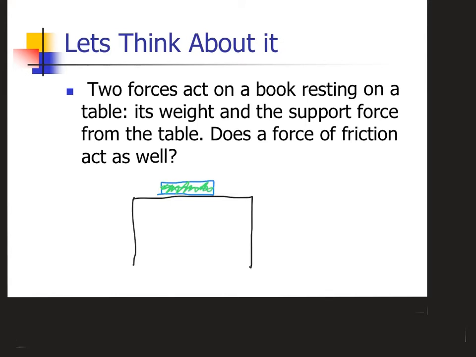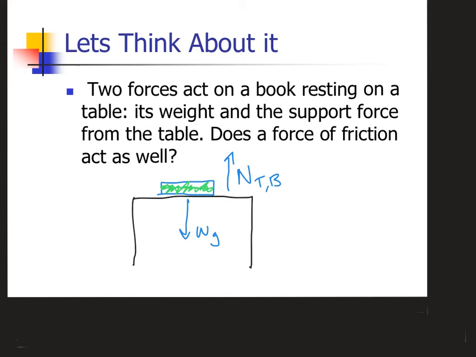And so now we know that there are forces acting on it. We know that there's the weight of gravity on the book. And then we also know that there is a normal force, and that would be table on the book. That's usually how we indicate that.